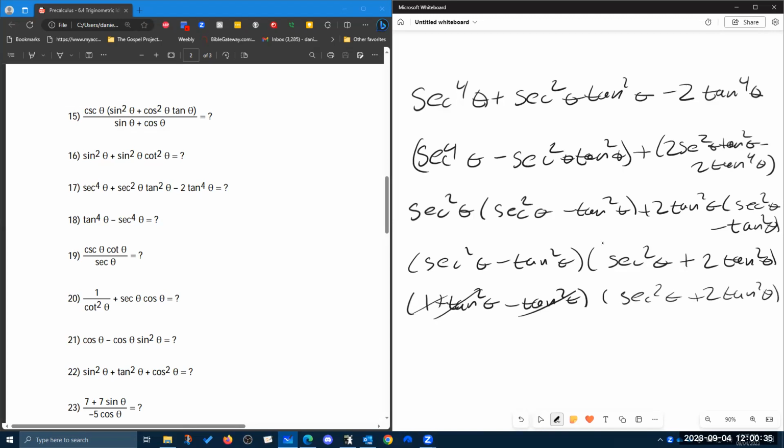So secant squared is 1 plus tan squared plus 2 tan squared. It's going to be 1 plus 3 tan squared. And that's simplified because I've gotten everything down in terms of one trig function there. So that's ideally what I want to do.